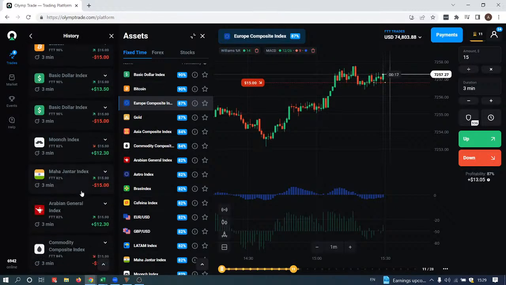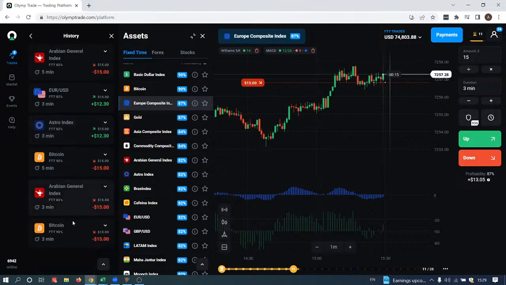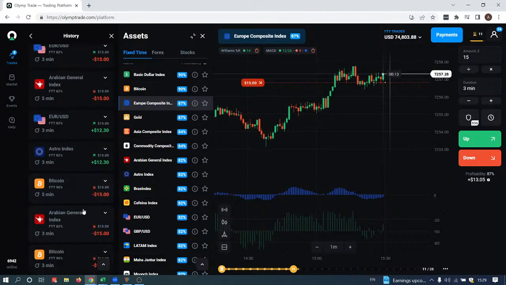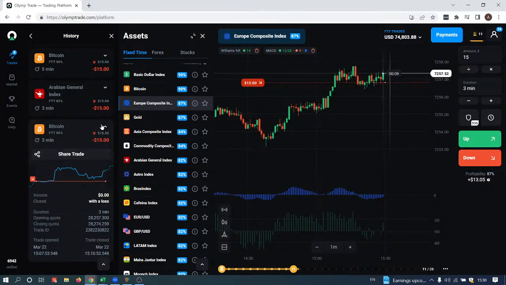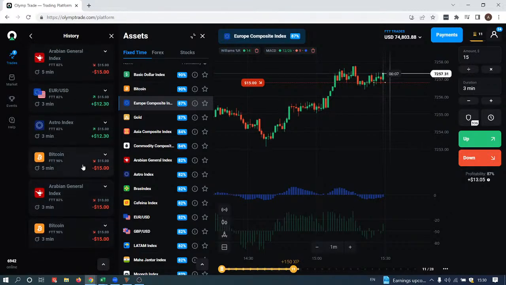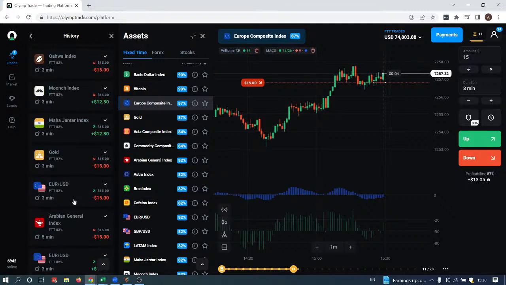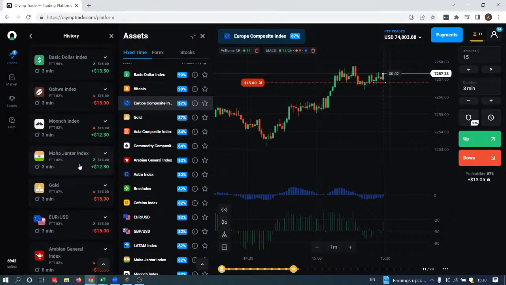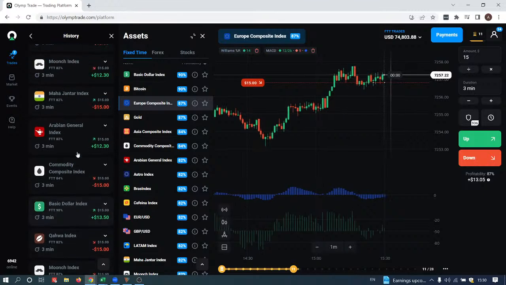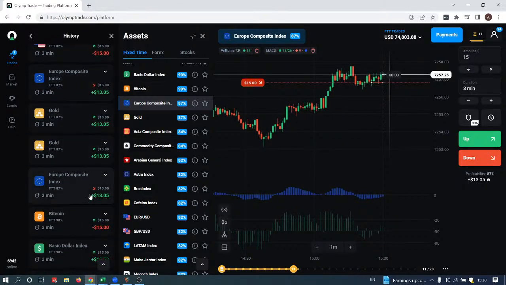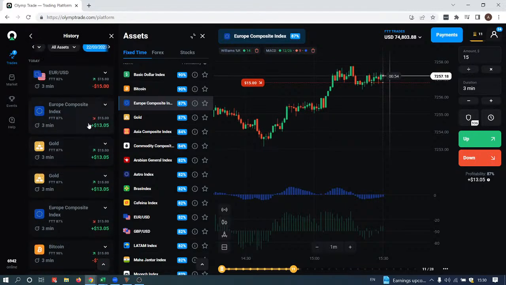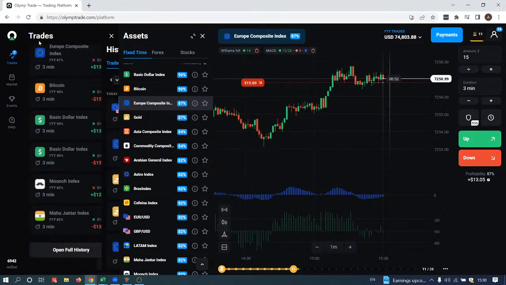I hope it works. All right, so these are my trades today. It all started with a few Bitcoin trades: three losing trades, two profitable trades, again three losing trades, two profitable, and then I had this series of four profitable trades in a row.